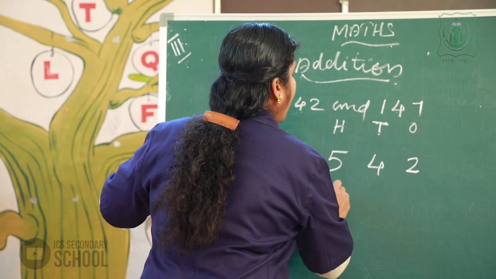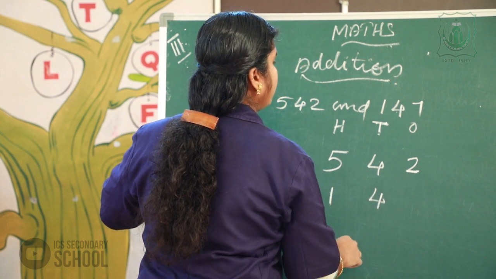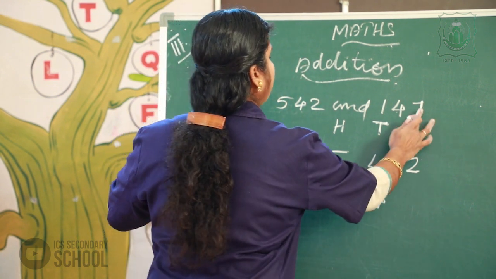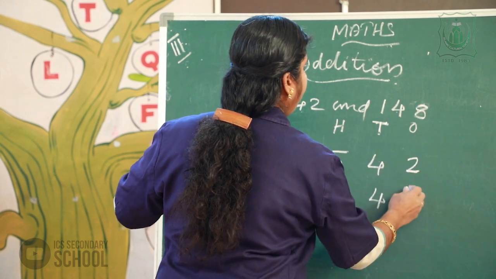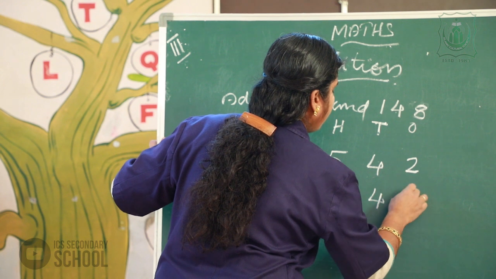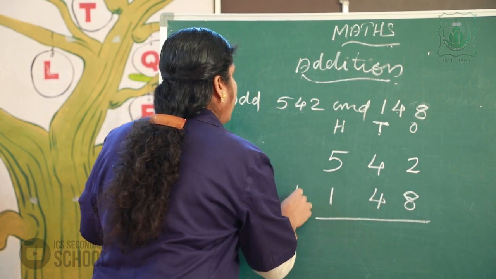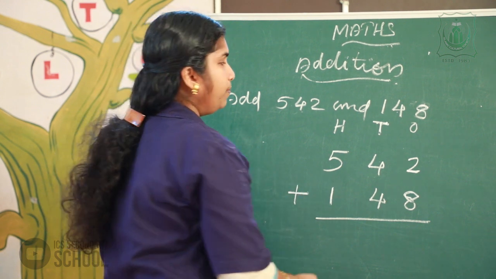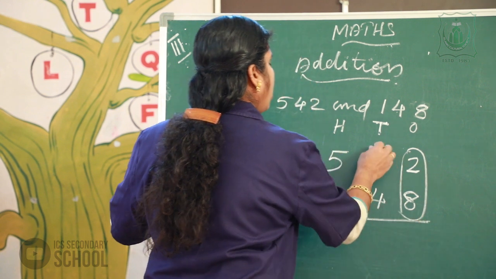Next, 1, 4, 8. Write the sign of addition and draw the columns.